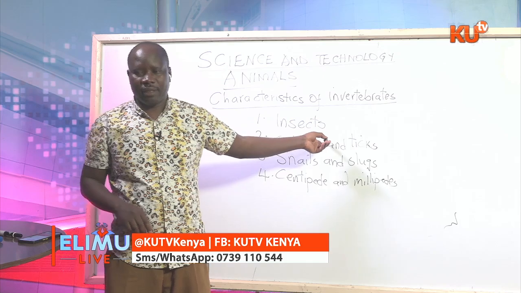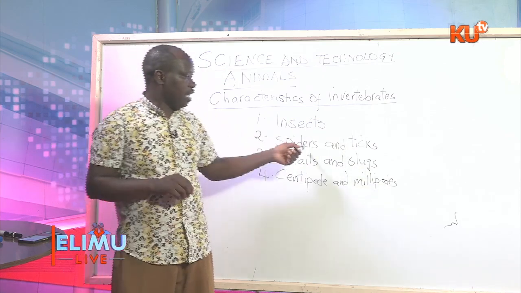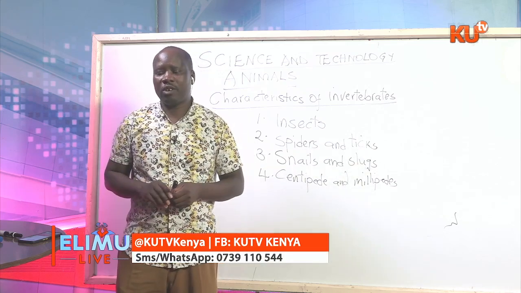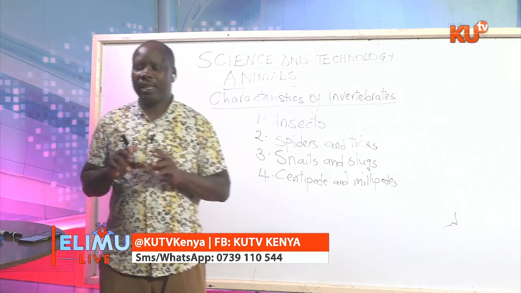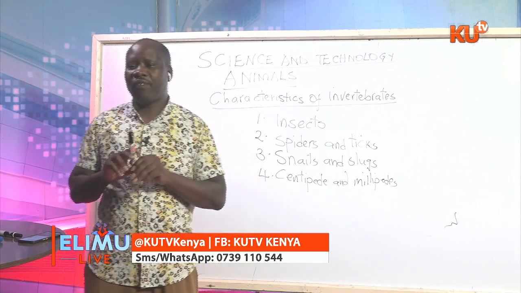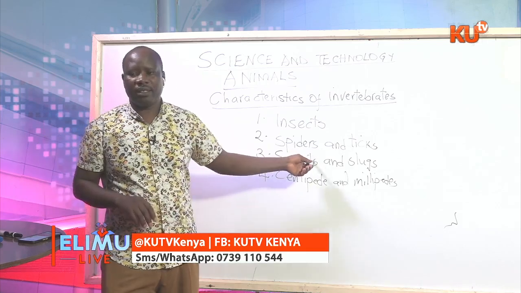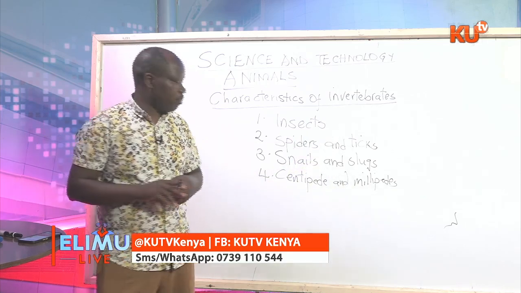But insects, take a housefly, do not have any bone. If you kill a spider or a tick, ticks are found mostly on our domestic animals, you will not find any single bone. Therefore, ticks and spiders form our second category of invertebrates.